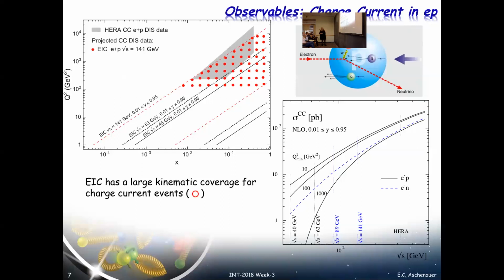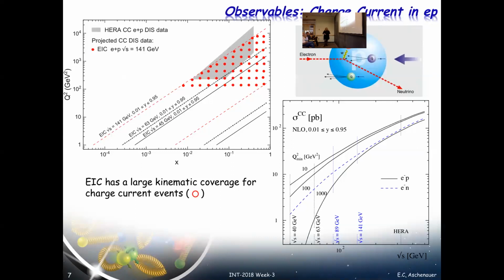So you see very nicely you cover bigger than 100 in Q square, and you come up to 10,000 in Q square. And you cover a reasonably wide range in x, from very high x to something like 10 to the minus 2. That is exactly the region where we have big uncertainties on the PDFs.